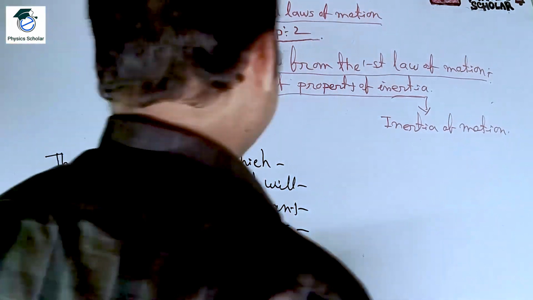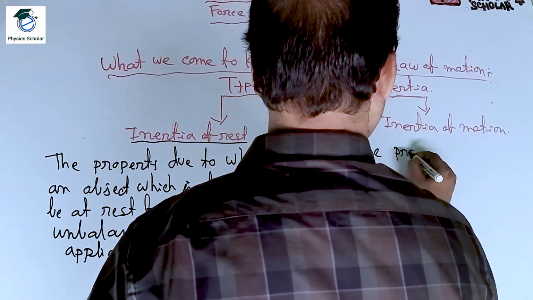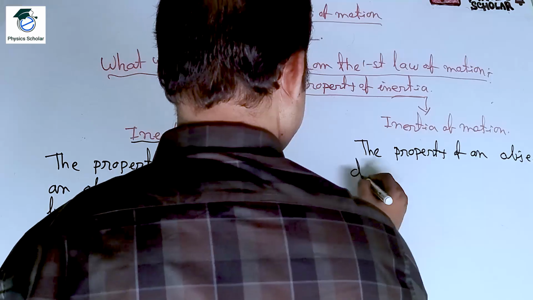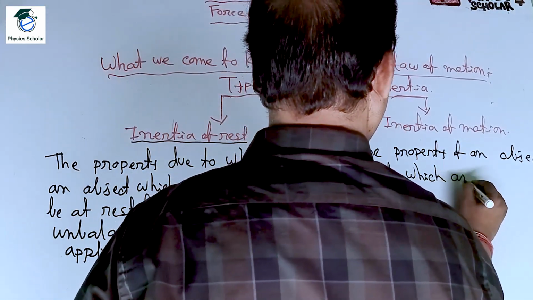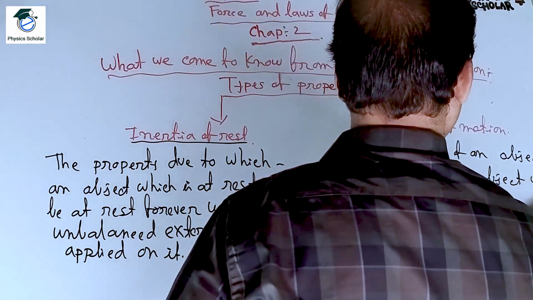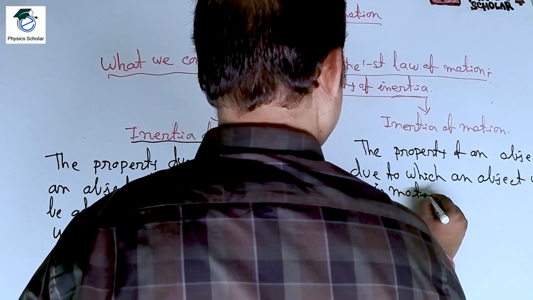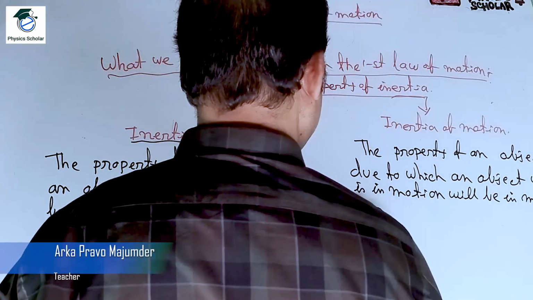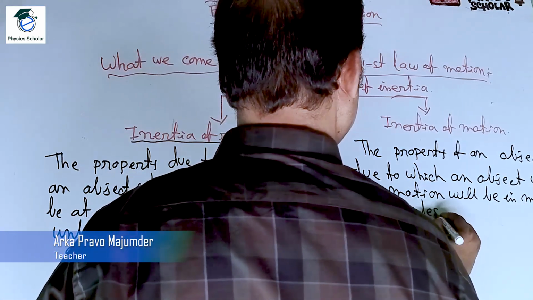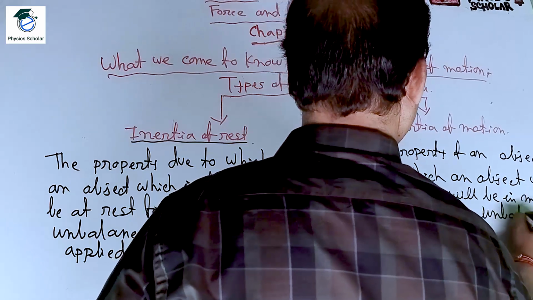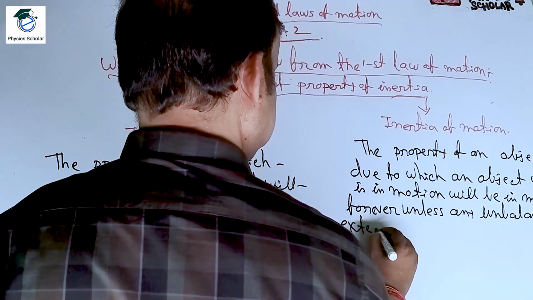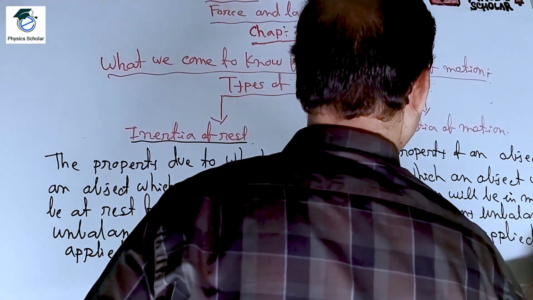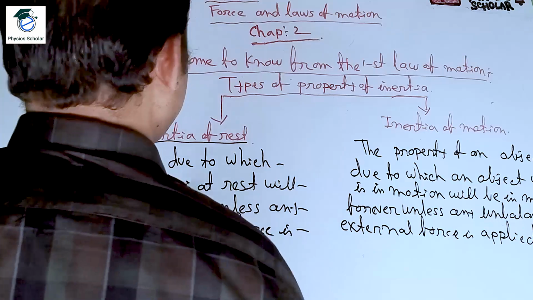So this is known as inertia of rest. And the property of an object due to which an object which is in motion will be in motion forever unless any unbalanced external force is applied on it is known as inertia of motion.